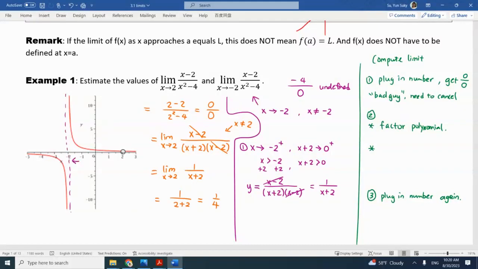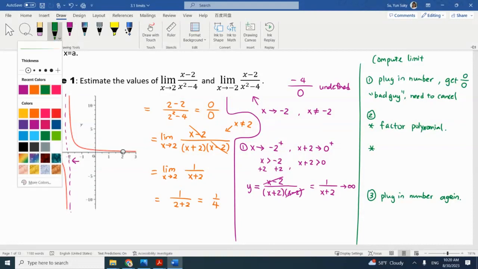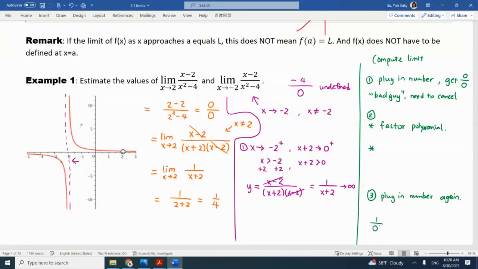Okay? All right, so that's why here we get positive infinity. Yes. Okay, so we can write it down. All right, write it down. 1 over 0 plus is infinity. 1 over 0 minus is minus infinity. Write it down.